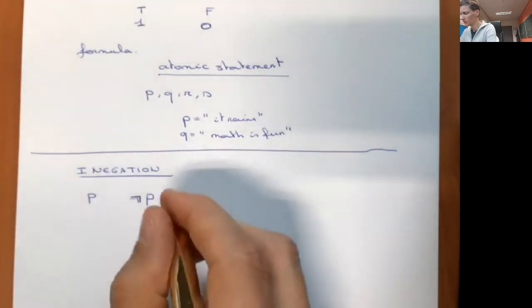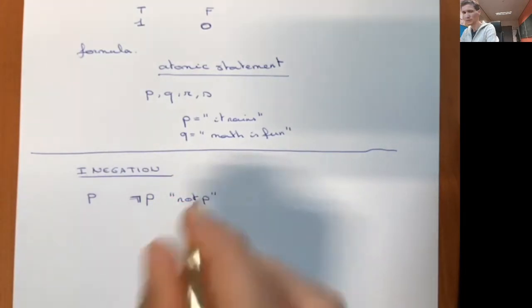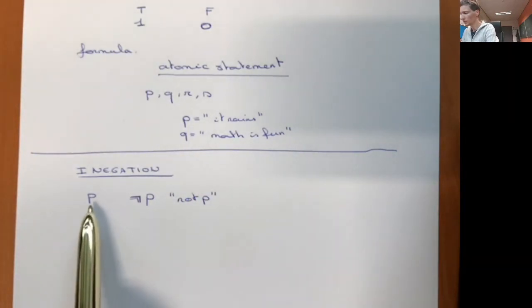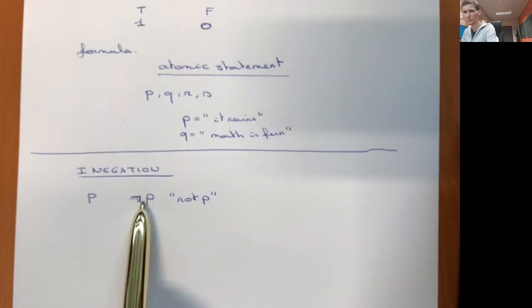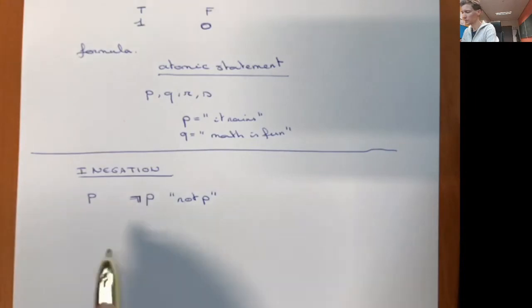We pronounce this as not p. The idea is that if p is true, then not p is false, so we flip the truth value, and if p is false, then not p is true.